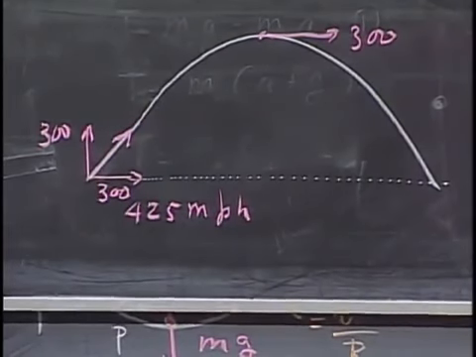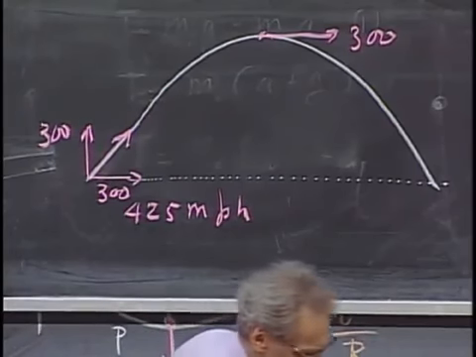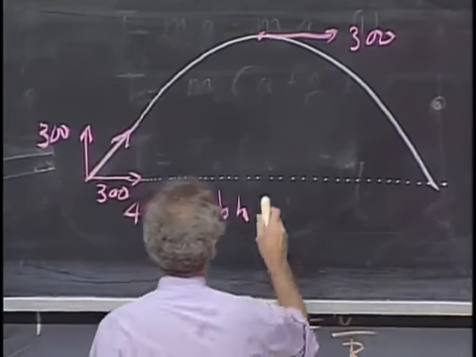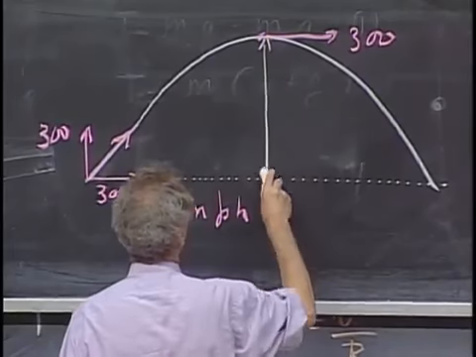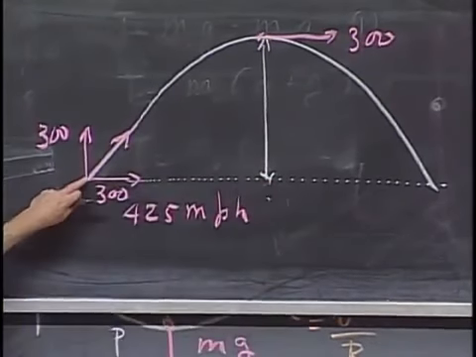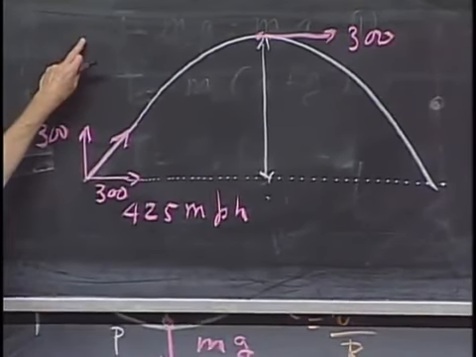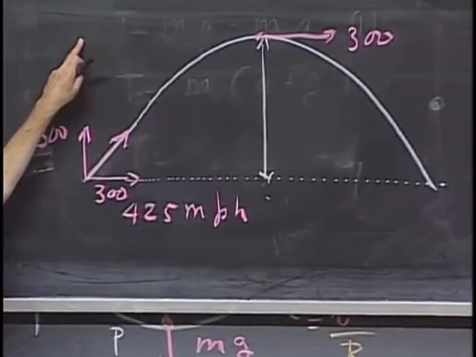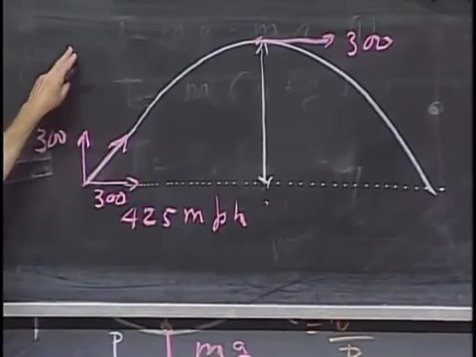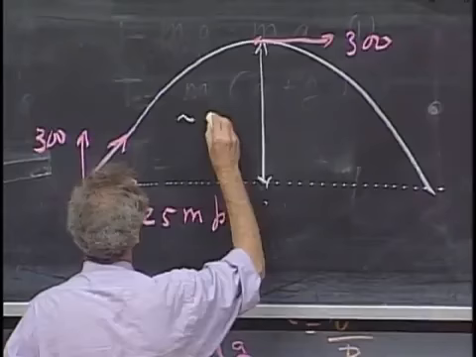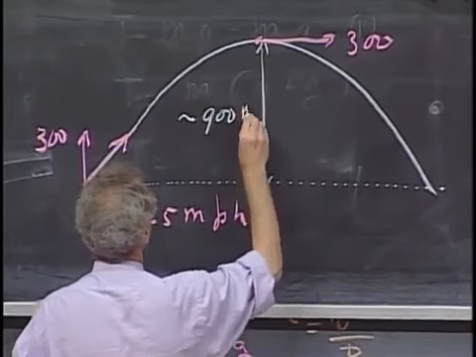You should be able to calculate with all the tools that you have available how high this goes from this level. In other words, what is the time that the velocity in the y direction comes to 0? You can calculate that, and then you know how much it has traveled. Very crude numbers, this is about 900 meters.